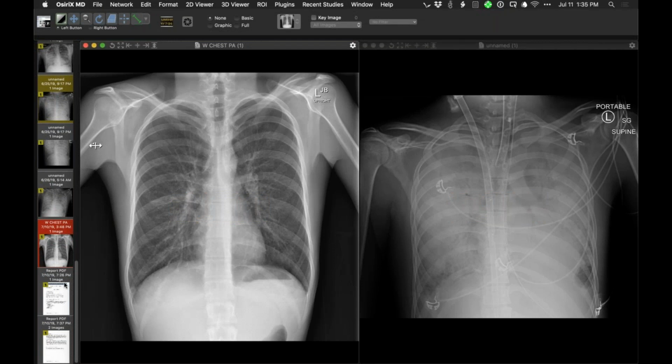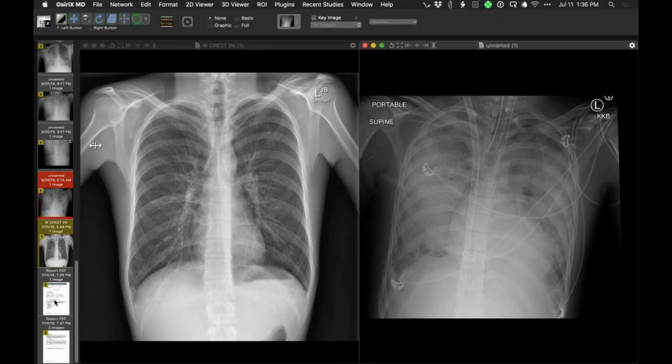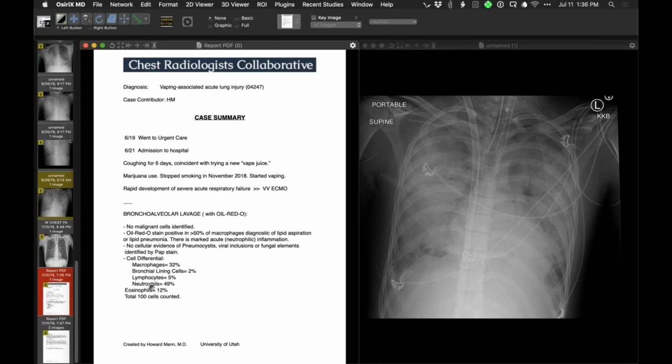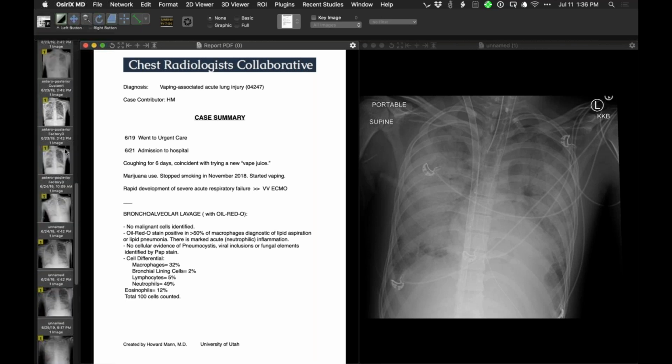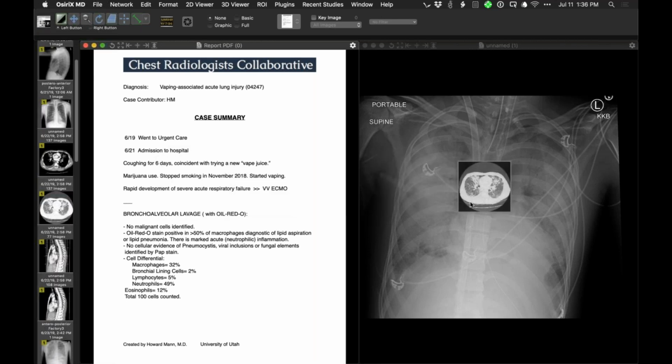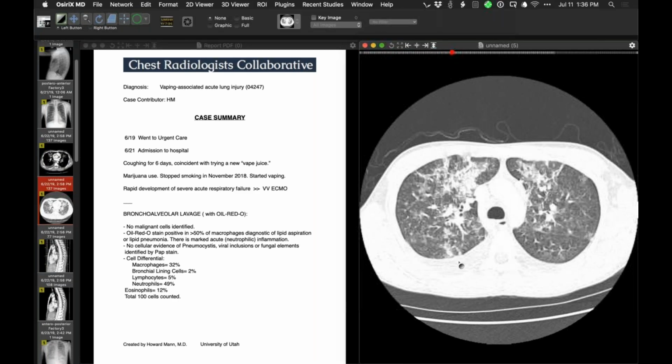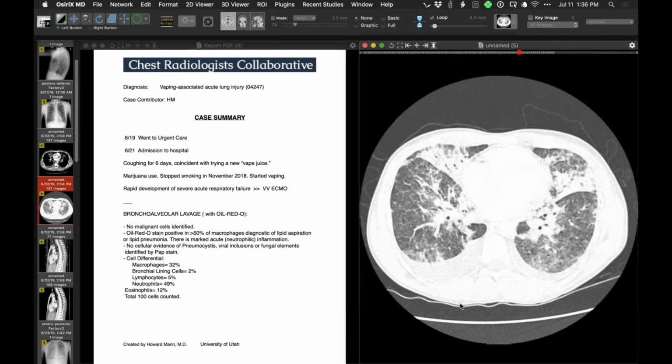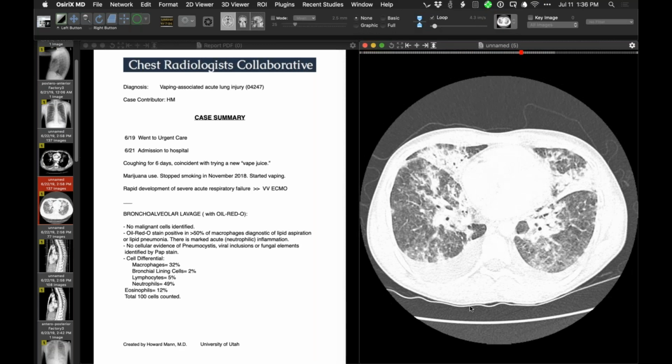So, did they think any component of this was acute eosinophilic pneumonia? Let's have a look at those eos. I saw there were like 10% or 12% eosinophils there. No. And on that first one, it kind of looked like there was septal thickening and looked like hydrostatic edema, but it wasn't. On the CT? Yeah, because you had effusions and you had septal thickening in addition to all of the other stuff.